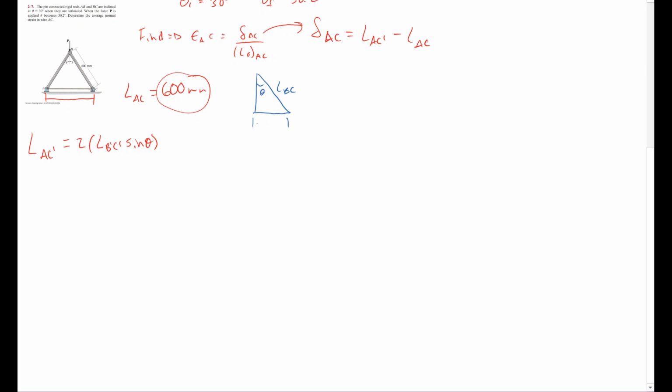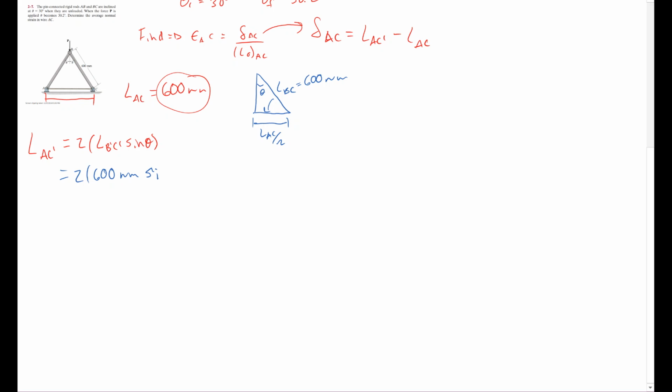And right here, this is half of LAC, of that length of AC. So we are just rearranging using sine, and it tells us that, since these are rigid rods, the length of BC will still just be 600 millimeters. This equation.